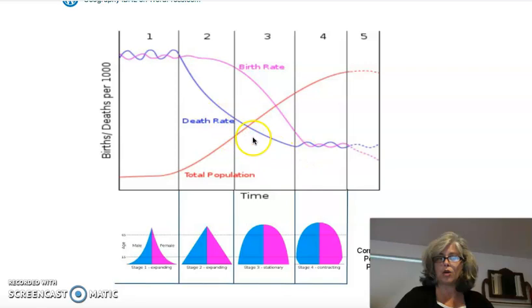It maybe slows down. It's not as sharp a descent as you see in stage 2. And that's part of the reason here, because in stage 3, again, another social problem, public health issues happen. With urbanization, you have all kinds of issues that become prevalent.